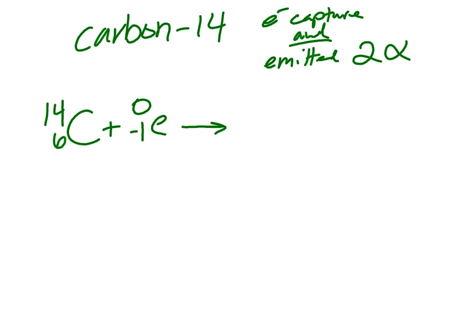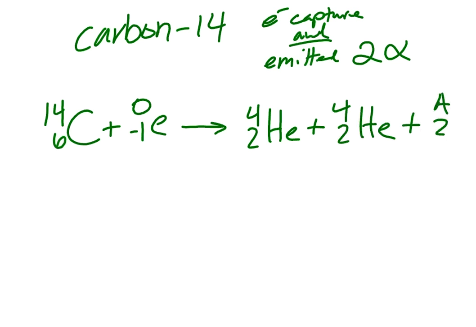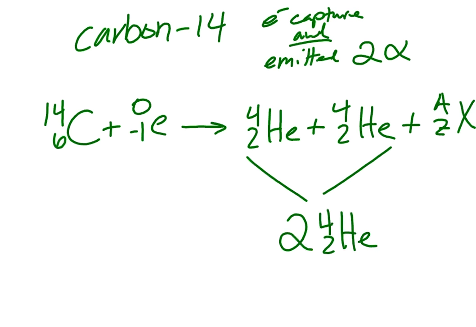Now there's 2 ways to do this. One of them is to write out the 2 alpha particles, and then I have my A, Z, X. But another way you could write it, and it's completely up to you, is to write it as 2, 4, 2, He, and put a coefficient in there.